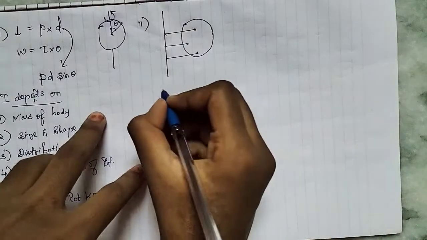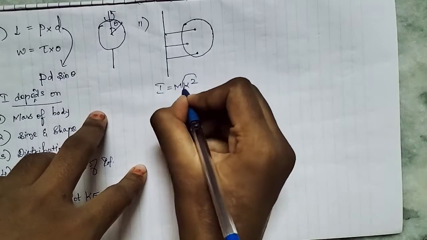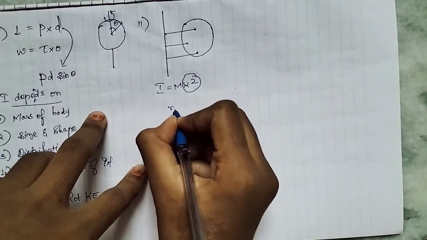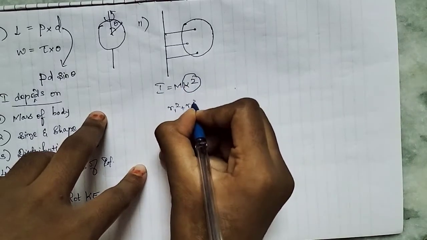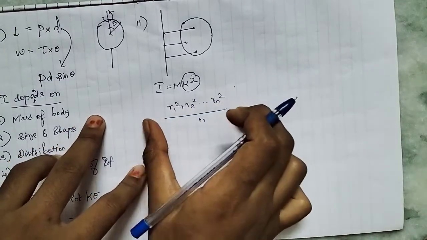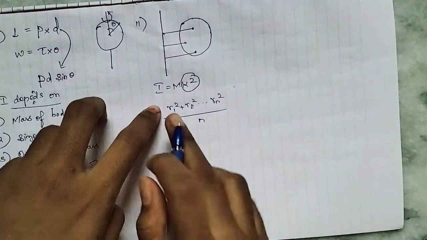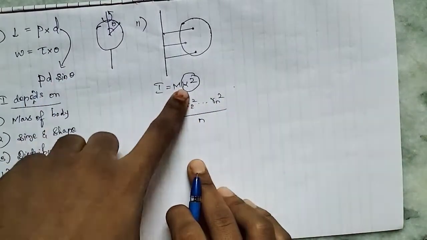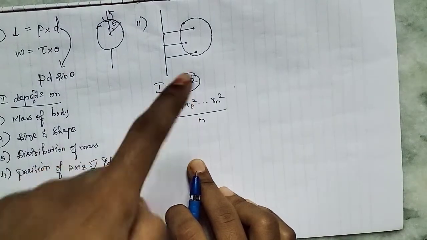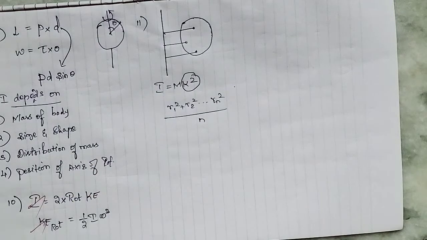Moment of inertia equals M k squared, where k squared is r1 squared plus r2 squared till n, divided by n. So this is the mean value. This is the 11th formula, the radius of gyration formula.